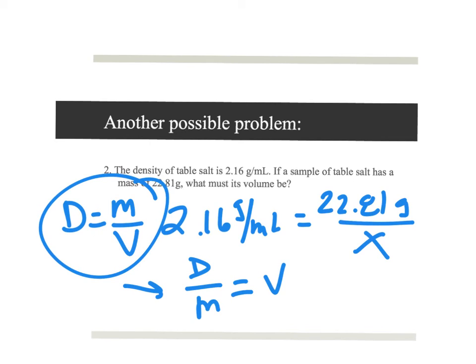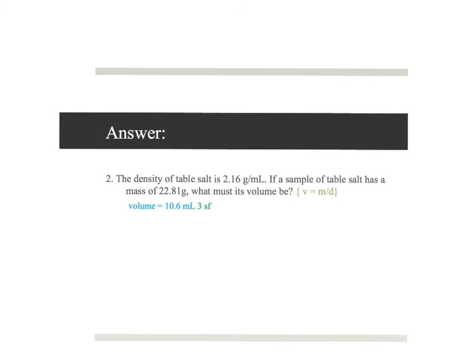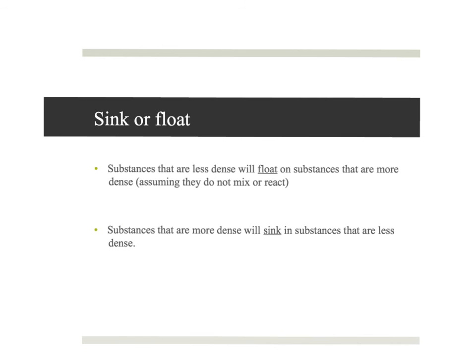Sorry, I had that backwards. It would actually be mass over density. I'm sorry about that. Let's get the correct one in there: mass over density. And if you solve it all through, you come out with an answer here. Again, 3 sig figs because this number right here has 3 significant figures.